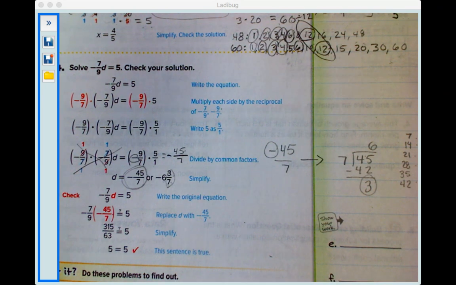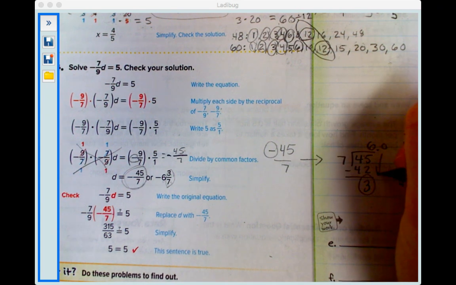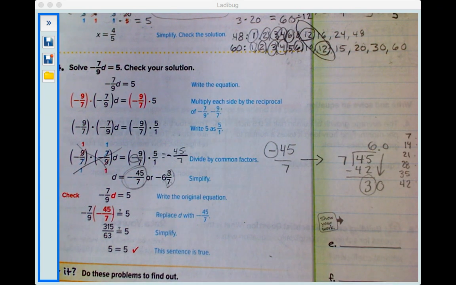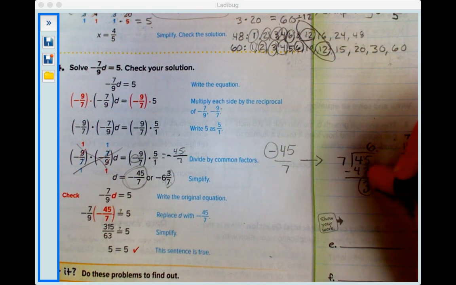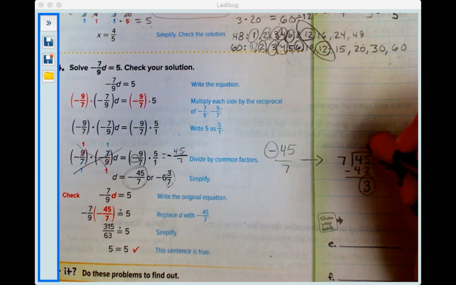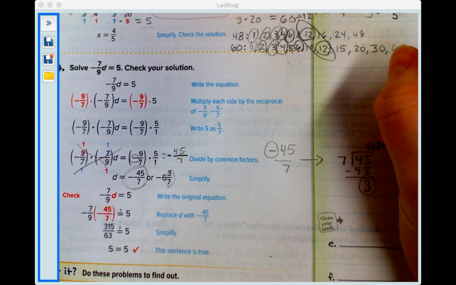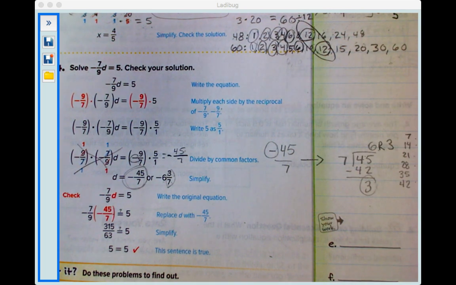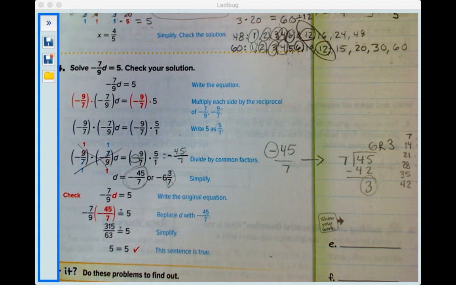Instead of putting a decimal and a 0 and bringing it down and continuing to divide, we are creating a mixed number. So, you will have 6 remainder 3. But why is there still a 7 right here?